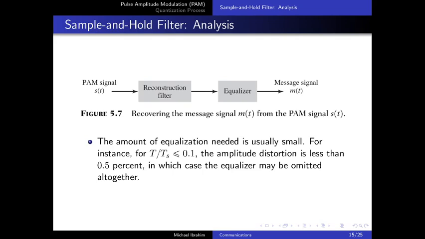So we have two restrictions. You want T to be large in order to reduce the required bandwidth, but also you want it to be small compared to Ts in order to reduce the amplitude distortion, and maybe you can eliminate the need for an equalizer at all.